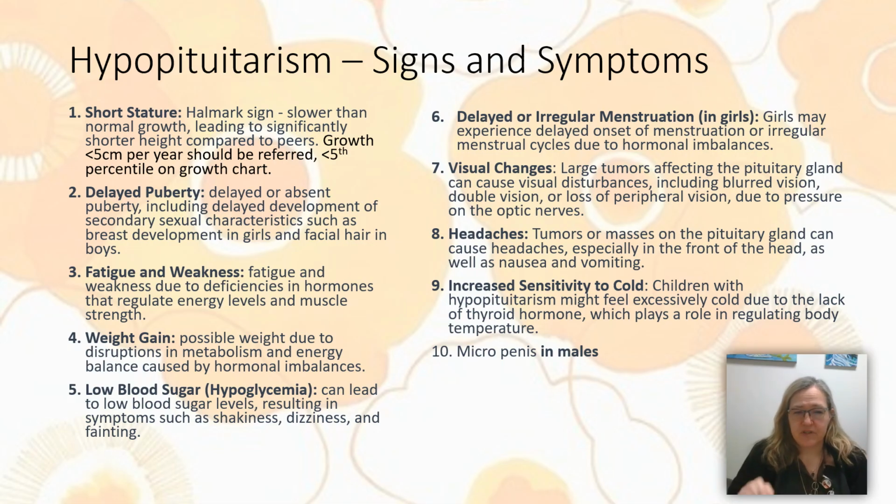If you see them start to decelerate in their growth, which would be defined as less than 5 centimeters of growth per year, or a drop of 5% or more on the growth chart, then that would need to be referred to assess for whether or not there's damage to the pituitary gland.